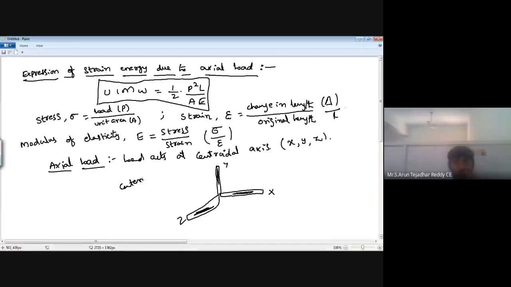If you take the x-axis, load acts at the centroidal axis. If you take the y-axis, load acts at the center in this y-axis. If you take z, same. So center load acts at center only, but in civil engineering, load acts at the centroidal axis, because you should consider any type of axis.